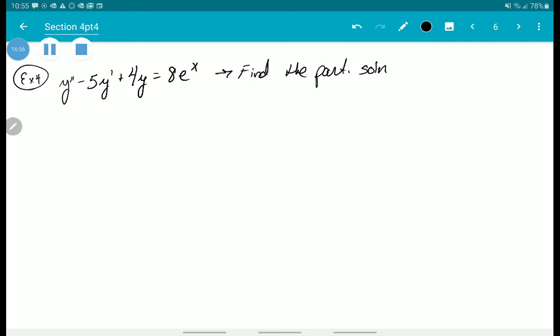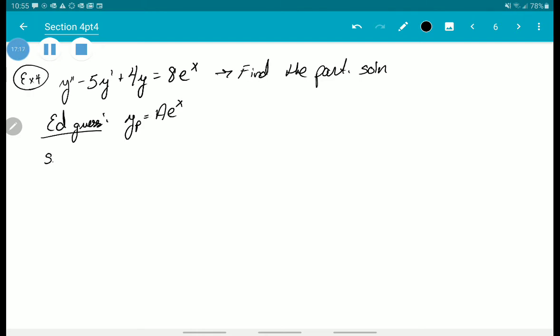So they're giving us a second order differential equation and they're asking us to find that particular solution. So we would start by thinking, well, what does our educated guess look like? Well, an educated guess would be a e to the x.